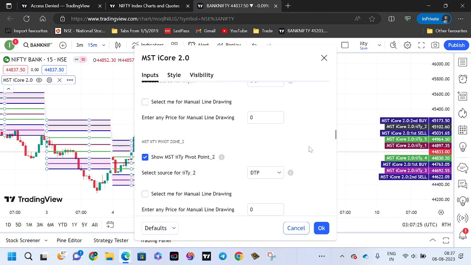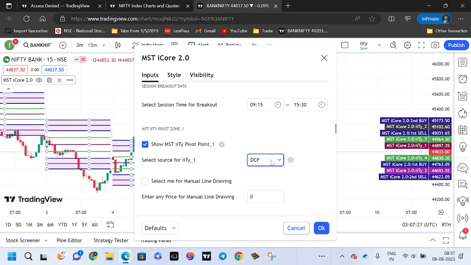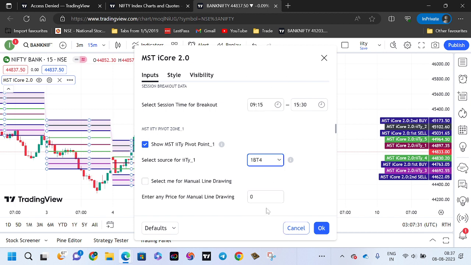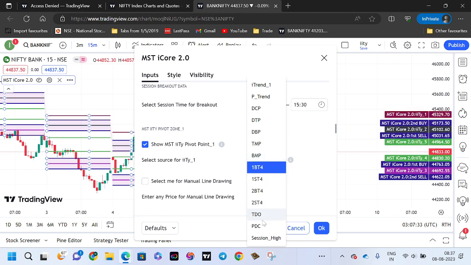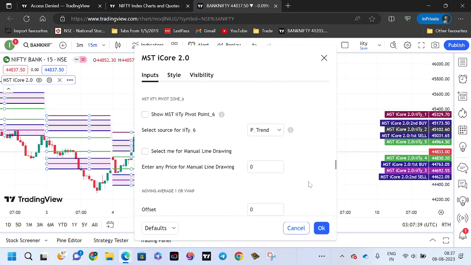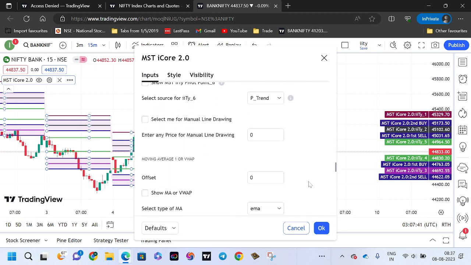And what is the next thing we have? You don't have to add any CPR from TradingView. Here itself we have given CPR, previous day low, previous day high, previous day close, today open, everything. Also for all our YouTube subscribers we are giving one indicator completely free, that is a customized indicator.